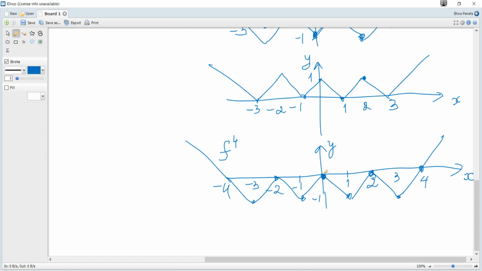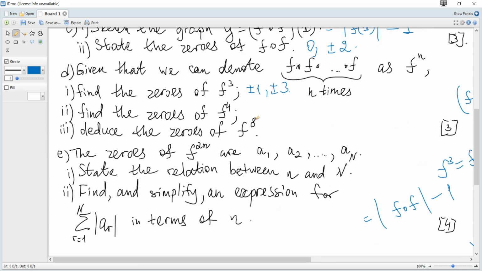And we can see roots are 0, plus minus 2, plus minus 4.